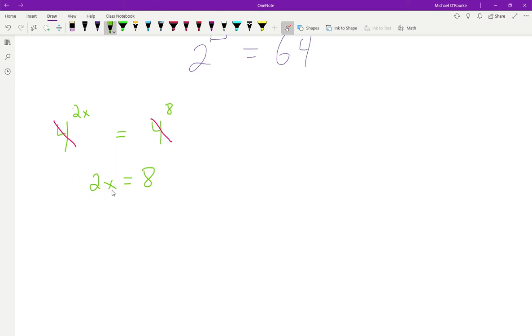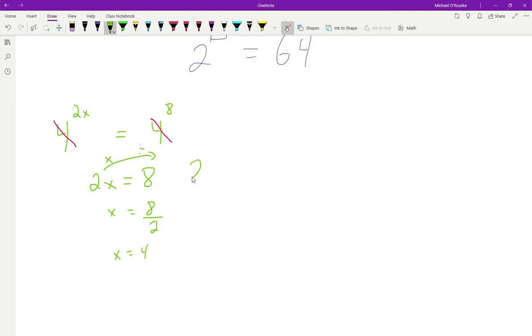So when you get down to here, I always say, there's kind of two ways to look at this. I always say you move it over, and it does the opposite. Right now it's 2 times x. So when it comes over, it's going to be 8. Instead of it being a multiply on the side, when it comes over, it's going to become a divide. 8 divided by 2. So x equals 4.